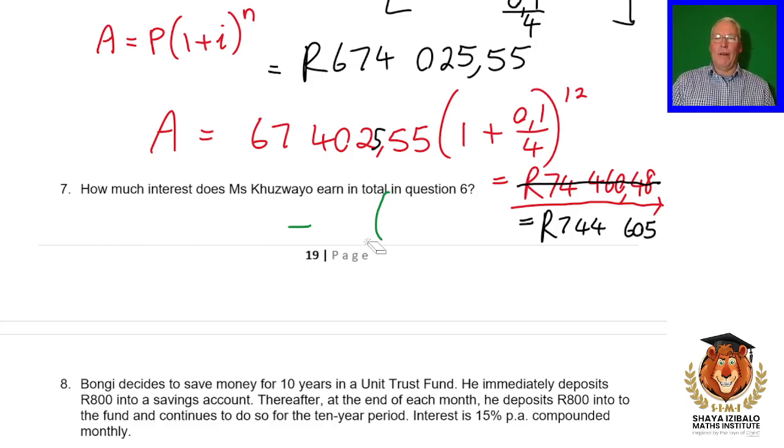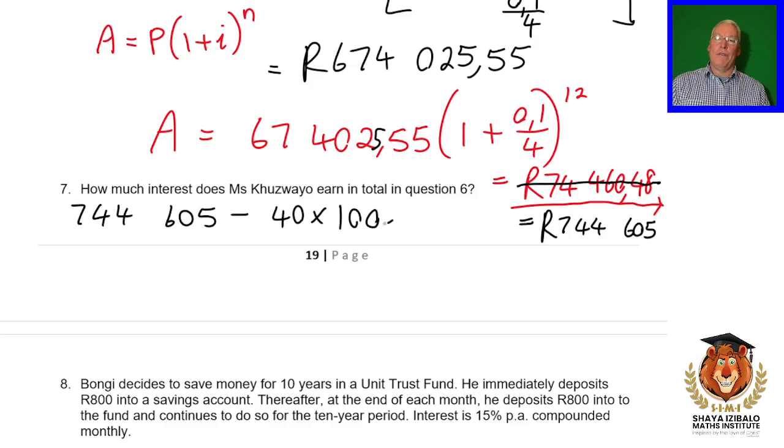It's not exact because I've now rounded it off. But so she ends up with 744,605, and she's paid in 40 payments of 10,000 Rand. Now 40 payments of 10,000 Rand is 400,000. This is where I saw it had obviously gone wrong.